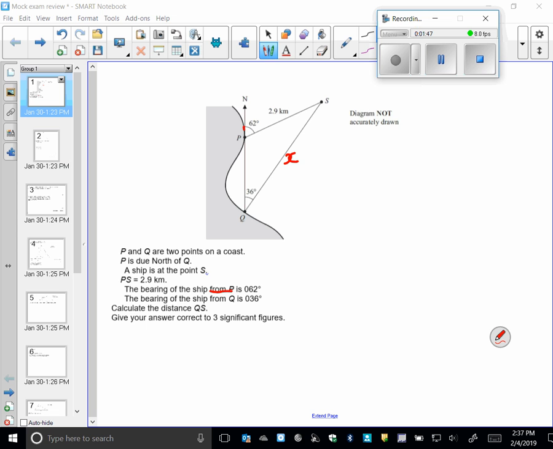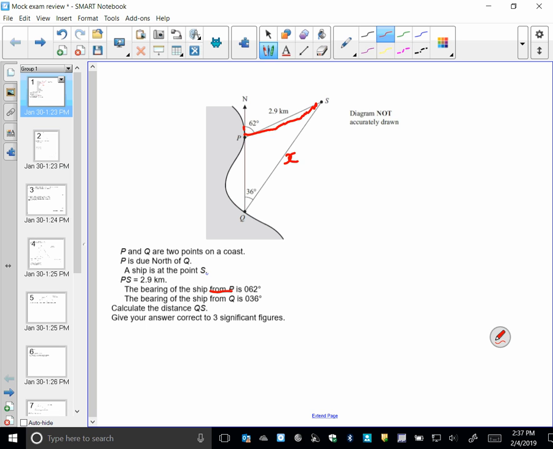So if we're trying to find this length here, we need to establish what information we've been given. We know this length, that's the 2.9. We know this angle is 36. We're trying to find this length. Now they told us this angle at the top here. Which other angle could I establish from that information?